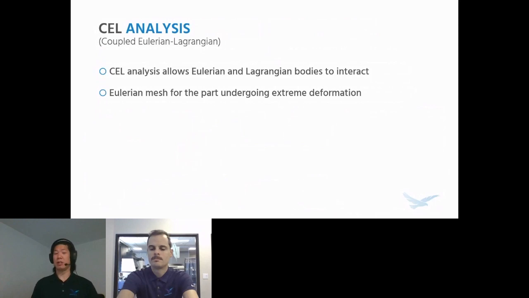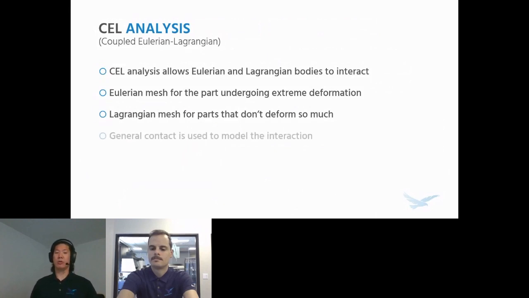We're going to use the Eulerian mesh approach for the part that's undergoing the extreme deformation, but then we also have parts that maybe aren't deforming quite so much. We can use the Lagrangian mesh for those. We'll have those parts interact through contact, and therefore we won't have to apply our boundary conditions directly to the Eulerian. We'll do that to the Lagrangian parts.